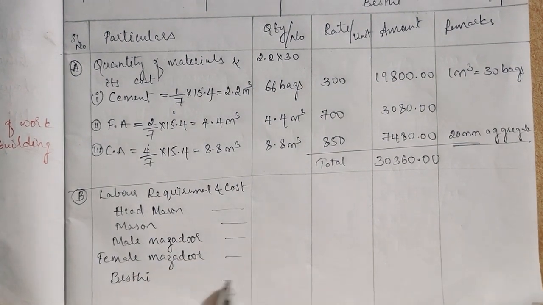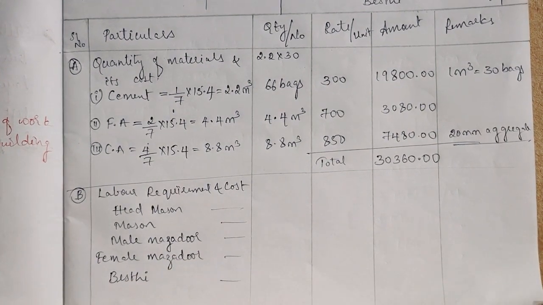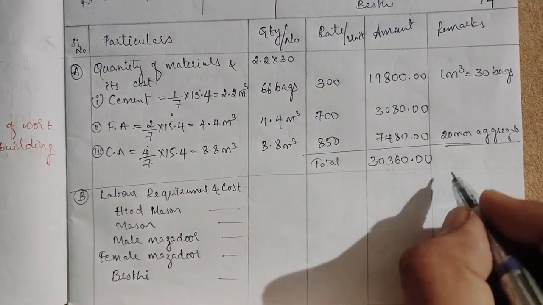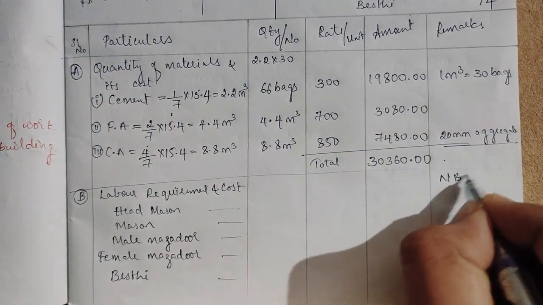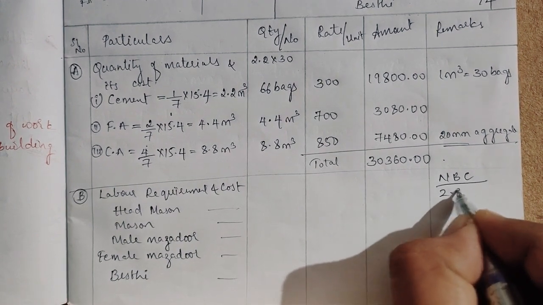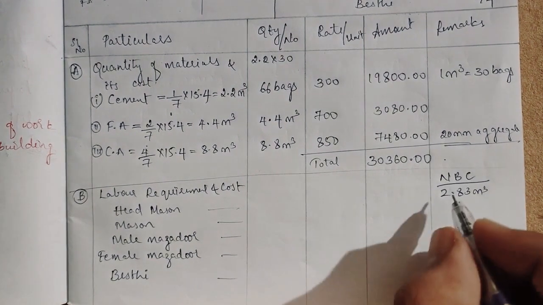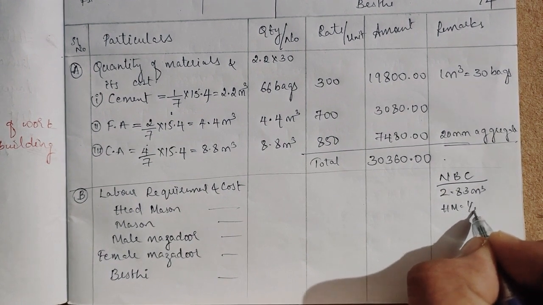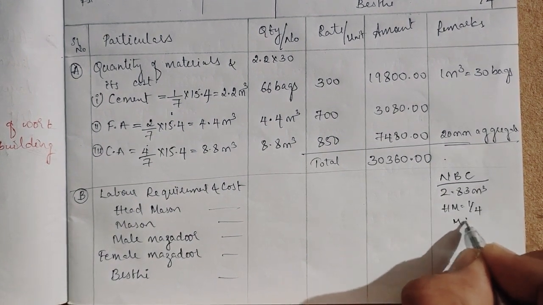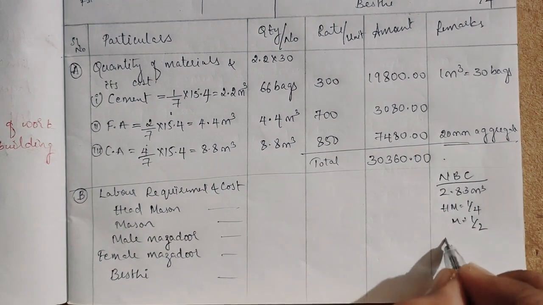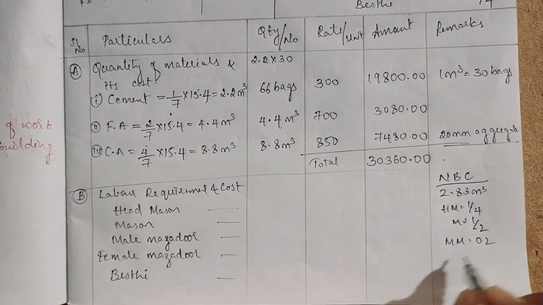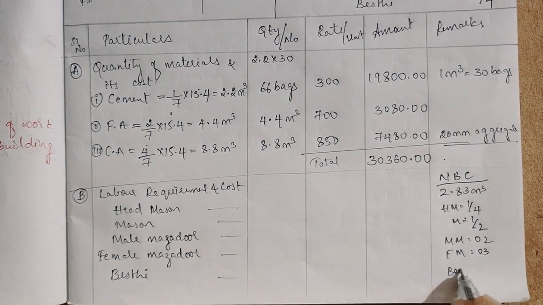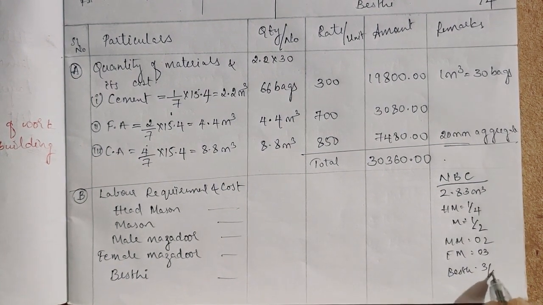So 3, 4, 5, so 5 types of laborers are there. According to NBC, for 2.83 meter cube of work, how much head mason do you require? That is, head mason is 1/4, mason is half, male mazdoor is 2, female mazdoor is 3, basti is 3/4.